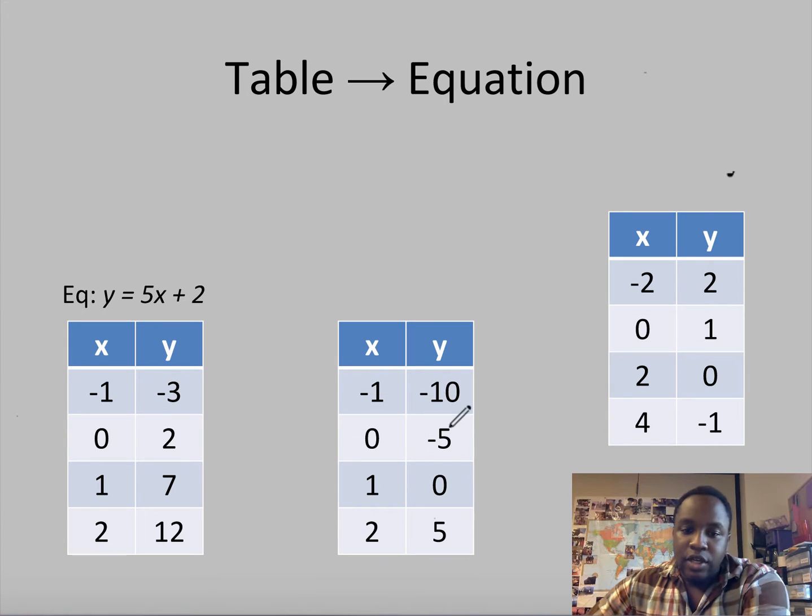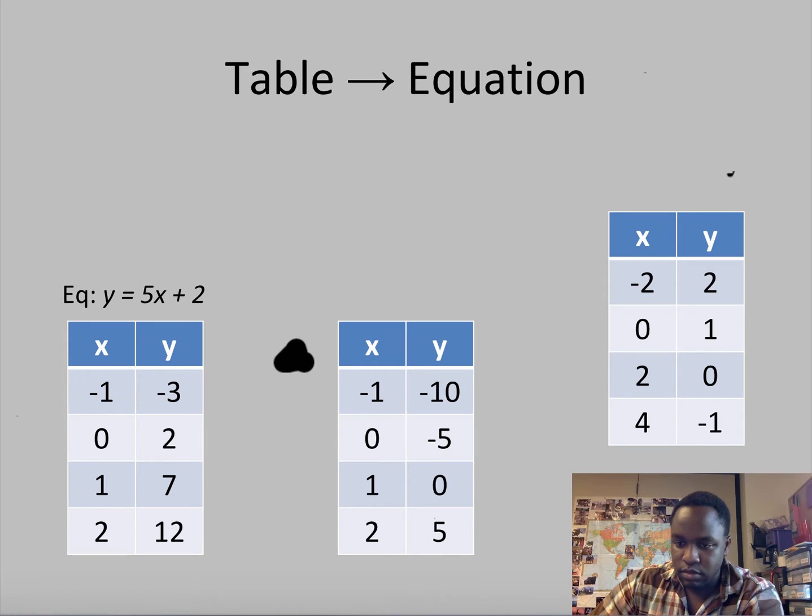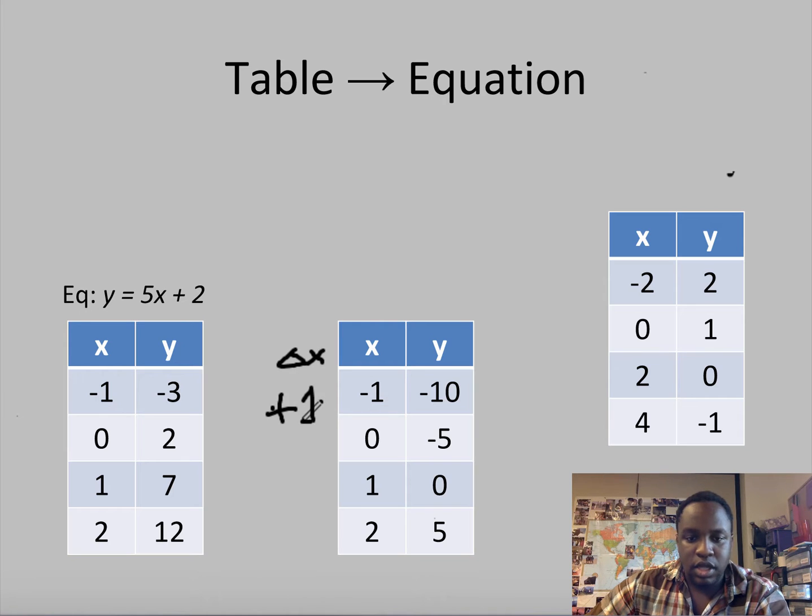Taking a look at the second table, we can see that our change in x is still going plus 1. Our change in x is plus 1. And our change in y, we go negative 5.